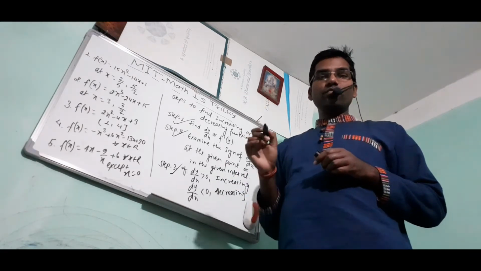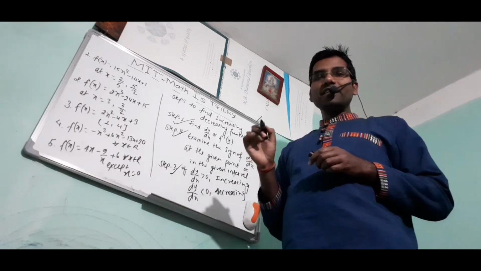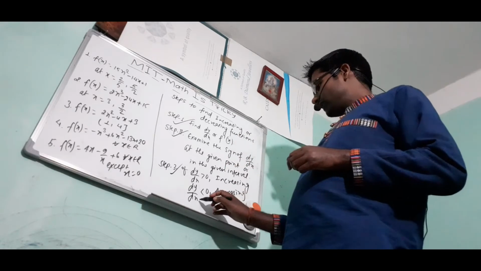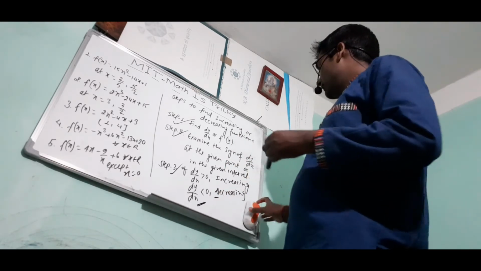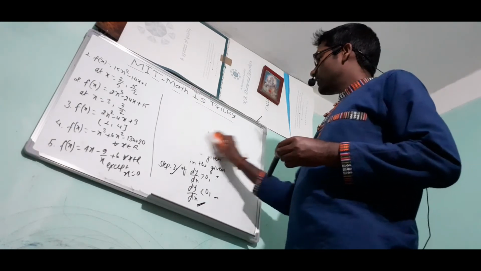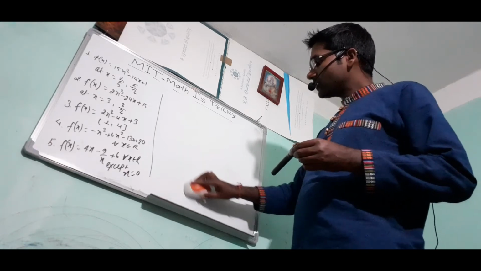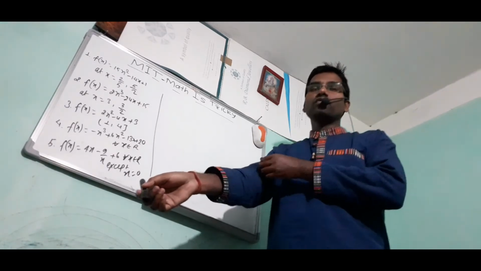Remember, positive means increasing. It is easy to remember. And if dy by dx is negative, the function will be decreasing. So decreasing means negative here. Okay. Now let me solve the problems for you. These are the three steps. You can remember these three steps as a mantra, or these are the tricks to solve the problem.